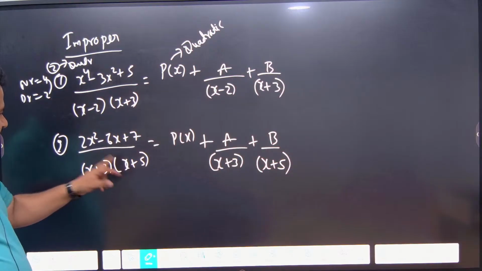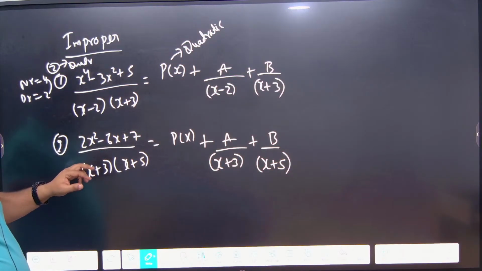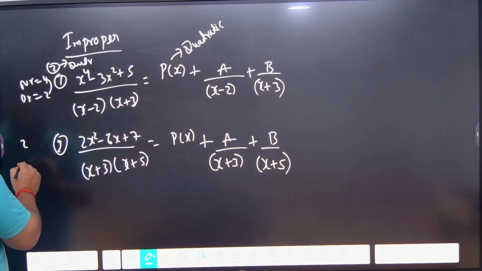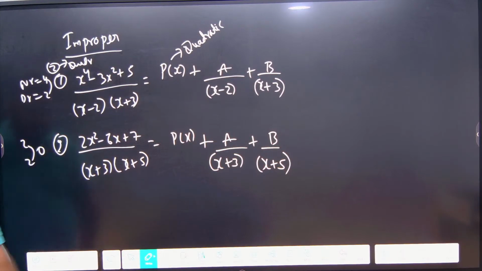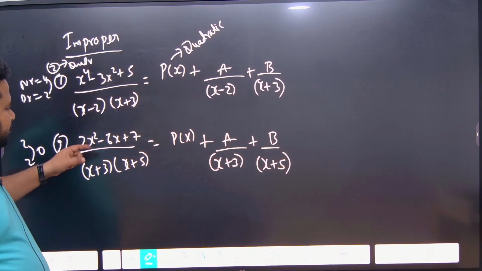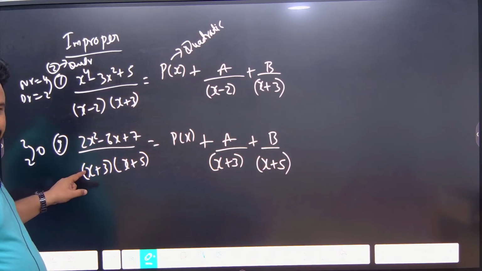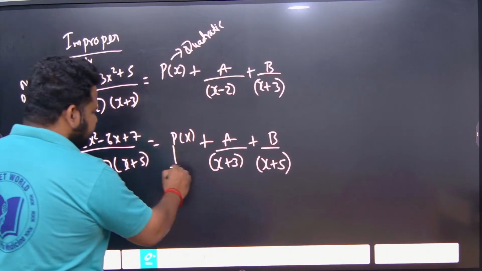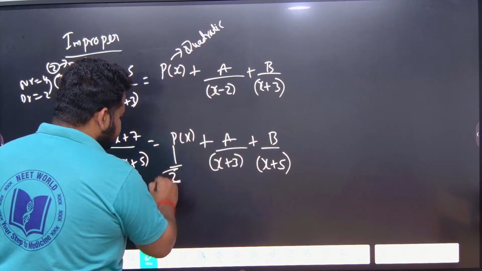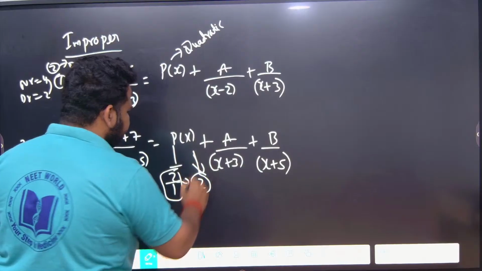So both the powers are the same, numerator power 2, denominator power 2, 2 minus 2 is 0. So in this case, look at the coefficients of the highest power. The coefficient of the highest power here is 2, and here it is 1. So you write 2 by 1, which is equal to 2. So you got the value as a constant. So here p(x) will be constant.